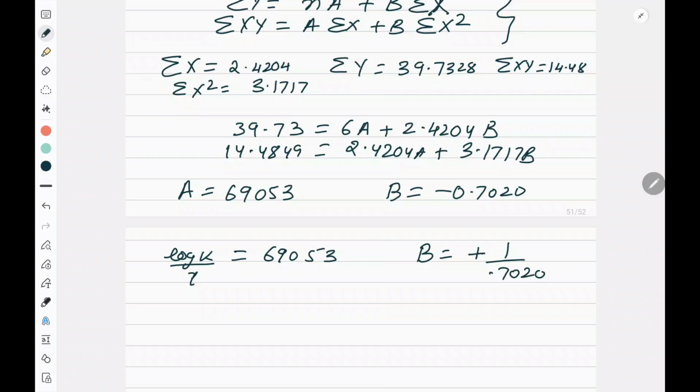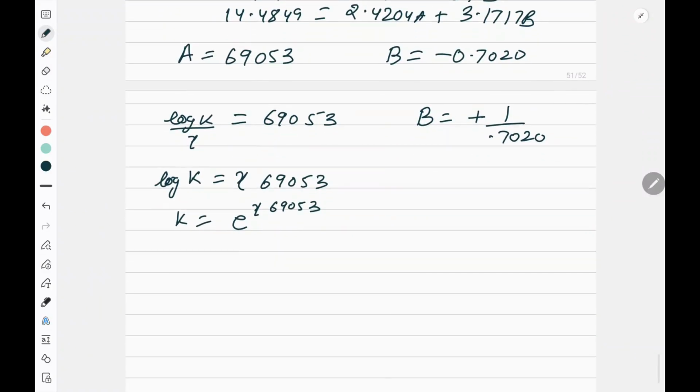Correct? So solving these two equations, now what will the k value be? log k is equal to gamma times 6.9053. So k is equal to e to the power gamma times 6.9053. And from here I can get the value of gamma also. Right?